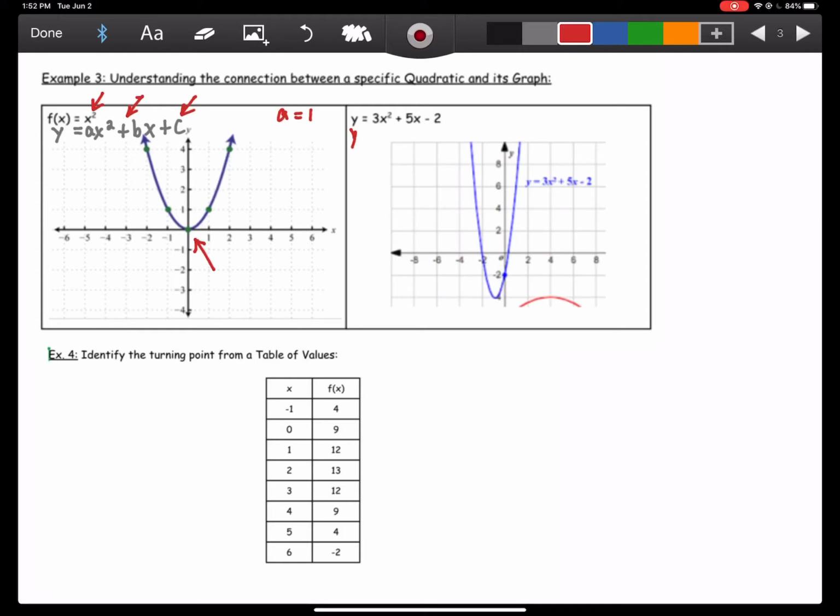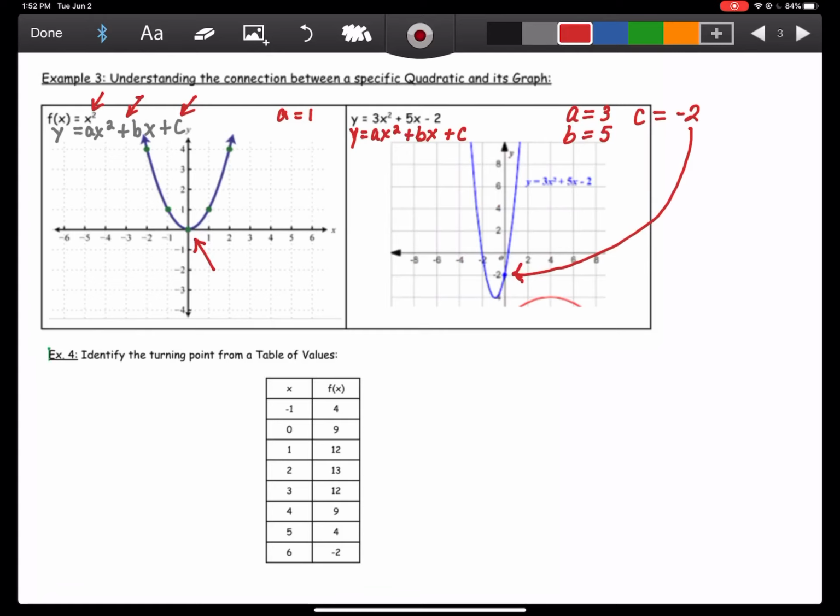Again, let's line it up. So we've got y equals ax squared plus bx plus c. Well, where's my c? Now I see that my a is 3, my b is positive 5, and my c is negative 2. Take a look at where you see that negative 2. Right?